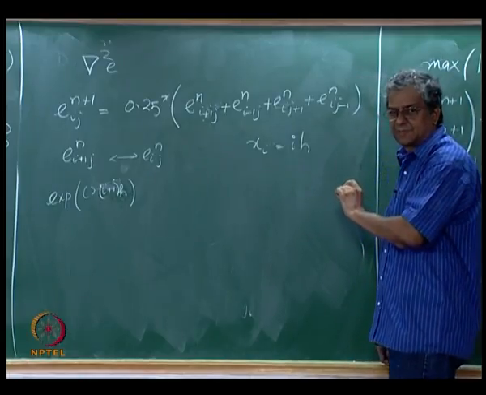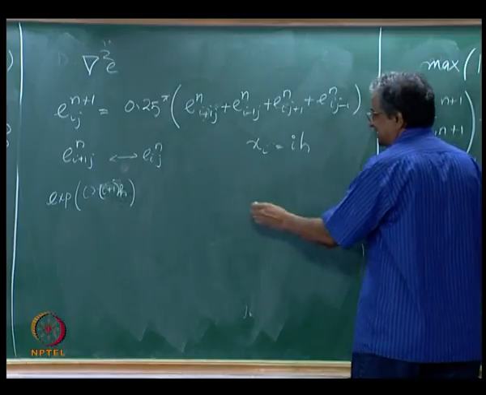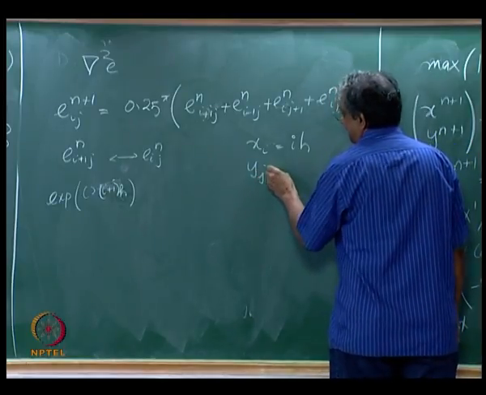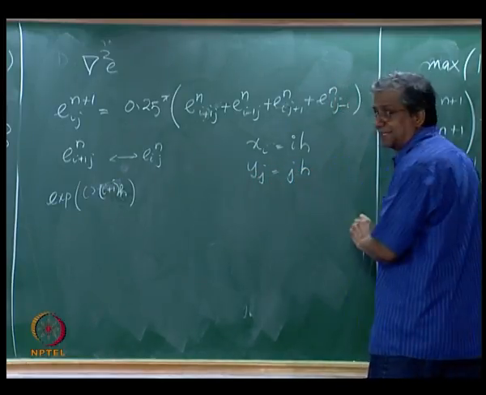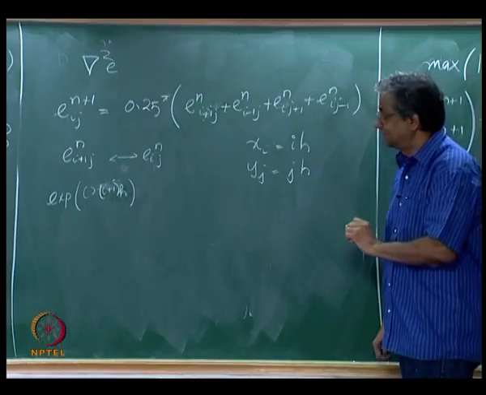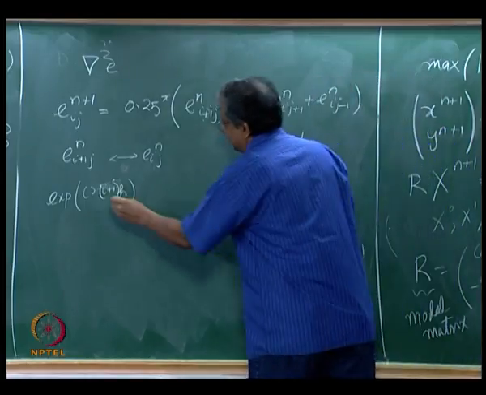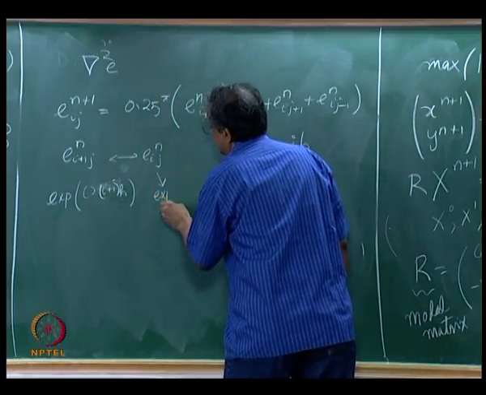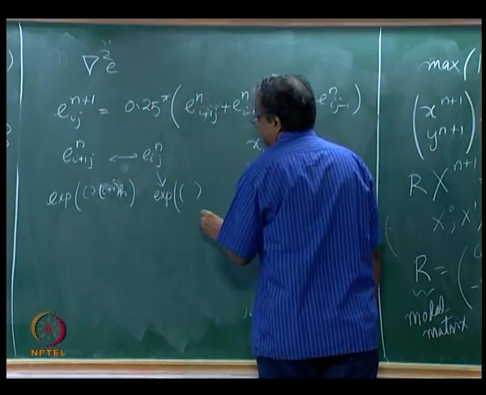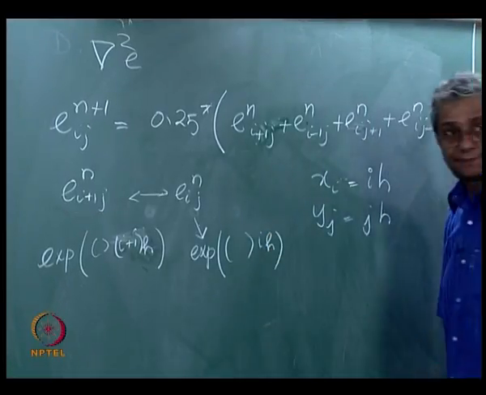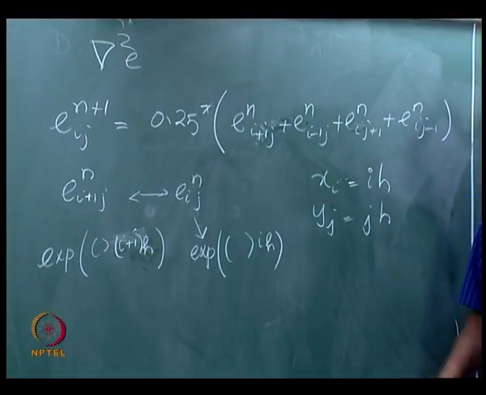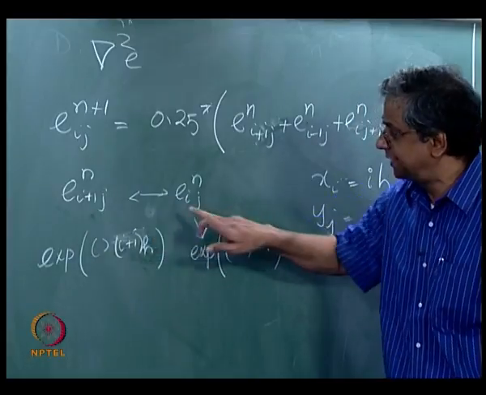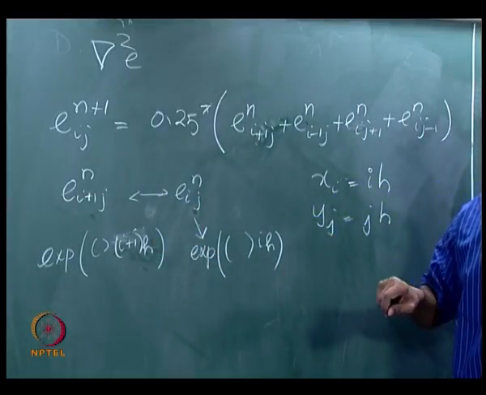I am slowly getting ahead of myself here, and yj equals j times h, we are taking equal intervals. So the relationship between E(i+1,j) and Eij would be of the form exponent, everything else is the same, ih.